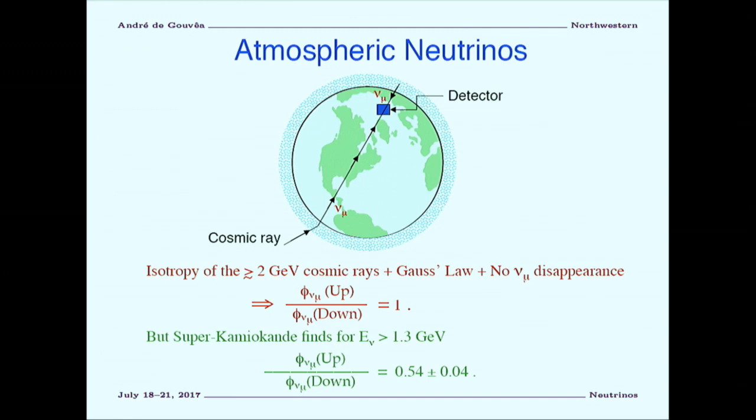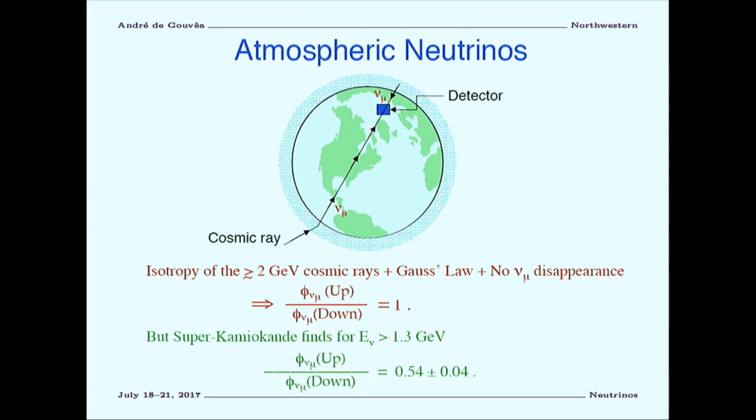And they have lots of nice properties. One really nice property is the following. That's what's depicted here in this picture. If you put a detector underground, we should be so lucky we could go this deep, and you ask, how many muon neutrinos do you get from some solid angle on top of you, and then you compare with how many neutrinos you get from the same solid angle in the opposite direction.